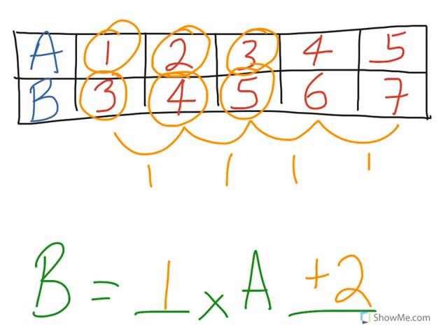So my equation is b equals 1a plus 2, and an alternative way of writing that, we don't actually need the 1 because 1 times something is just itself, so I could write b equals a plus 2.